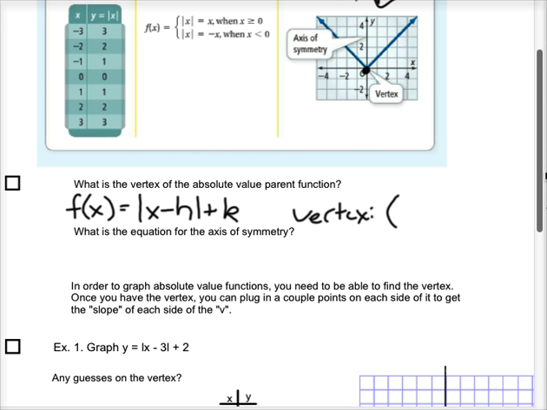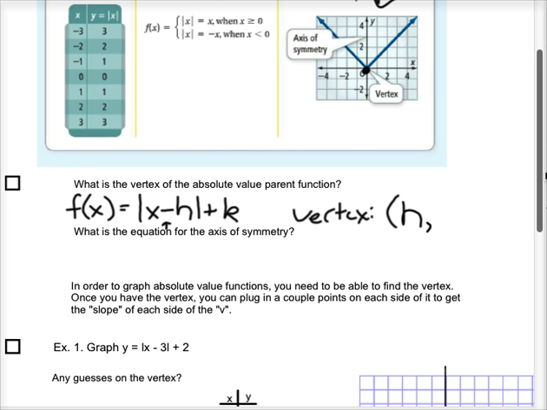Now remember, this negative right here in this equation means it's moving to the right. So if you see an x minus some number, the x value of the vertex is going to be positive, because that negative is shifting it to the right.